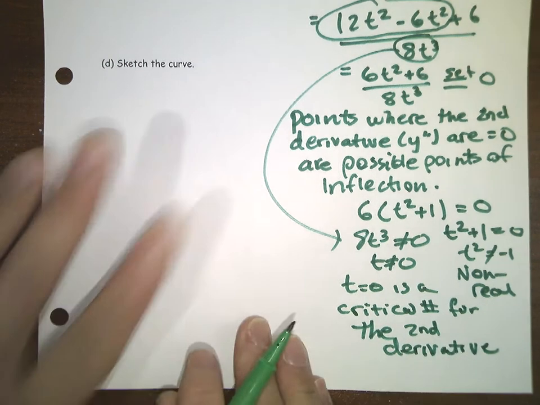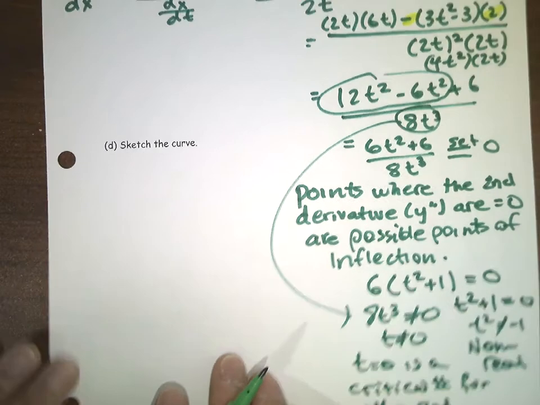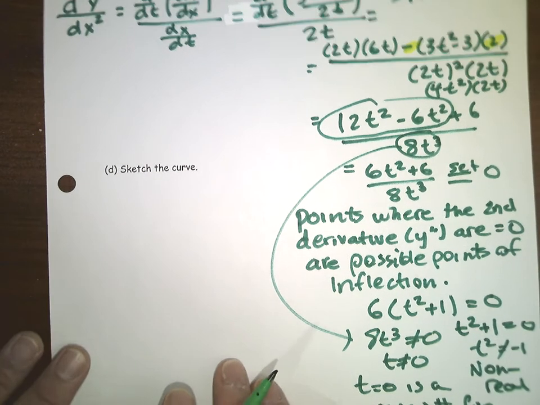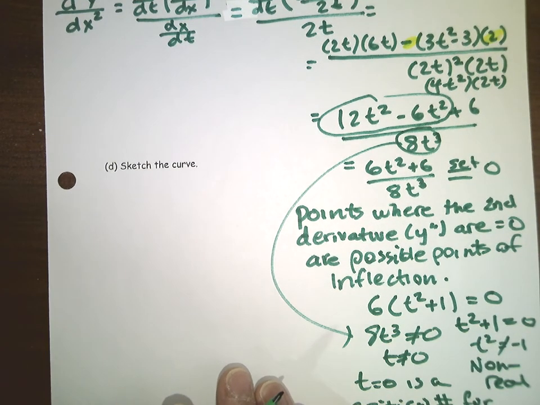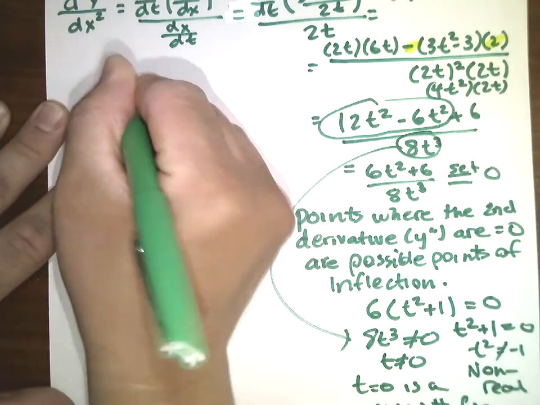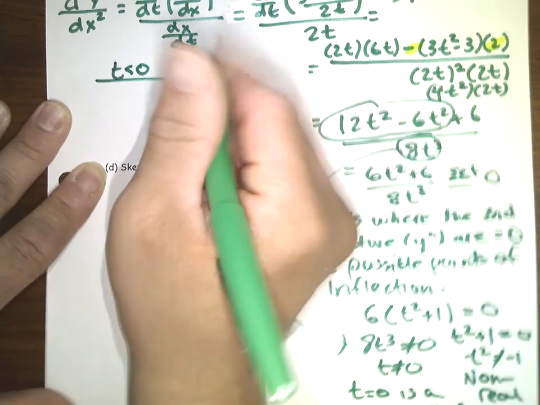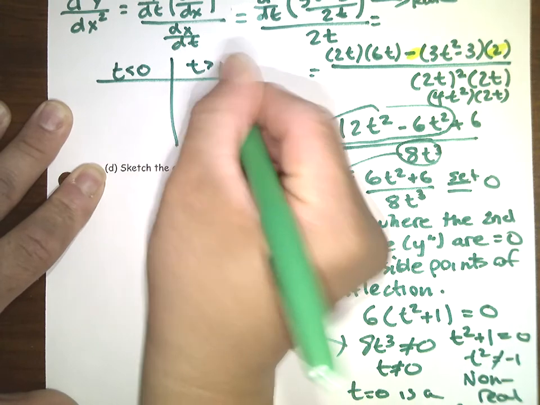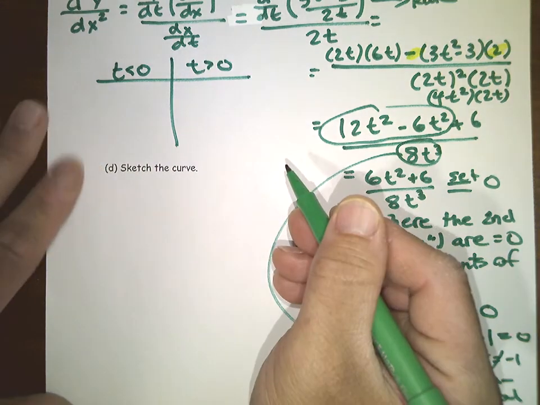Now let me write what will be happening here. If t is less than 0, what happens, and if t is greater than 0, what will happen?